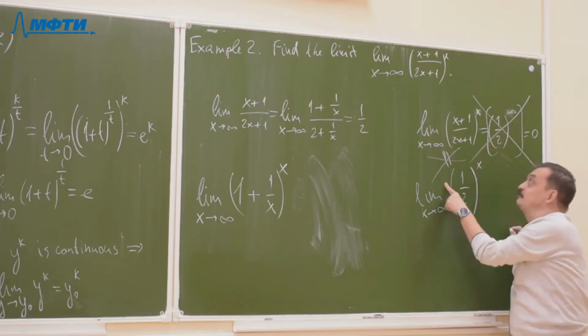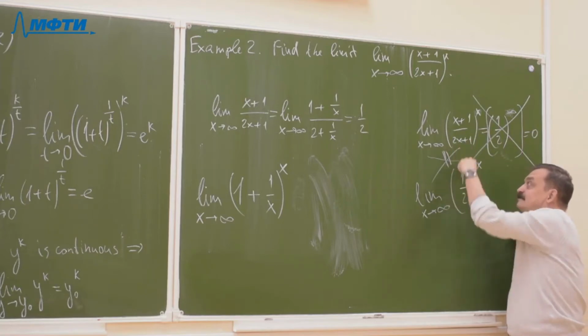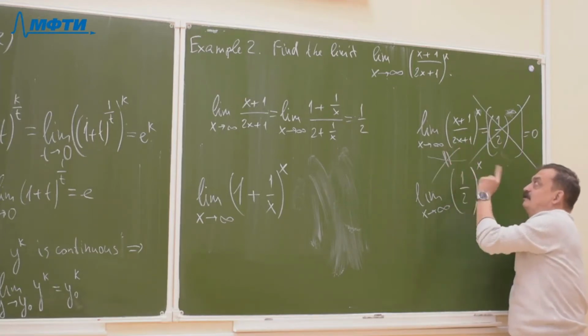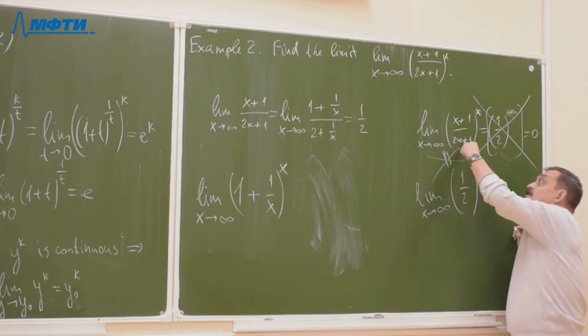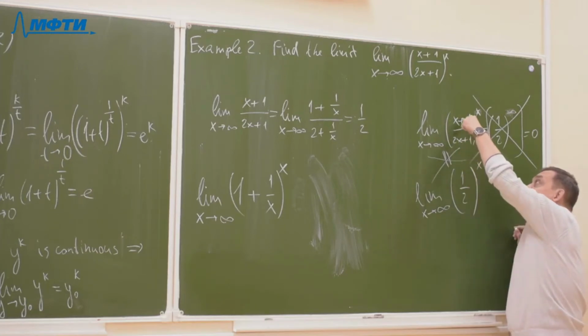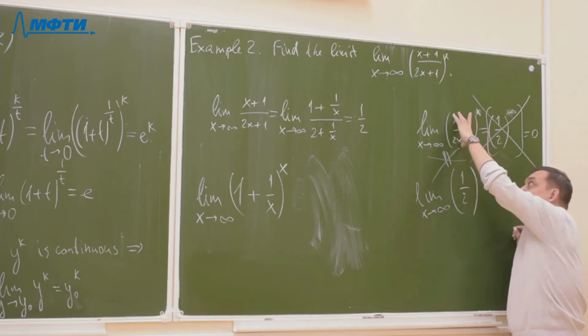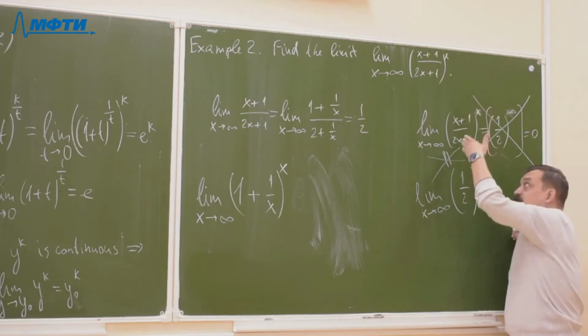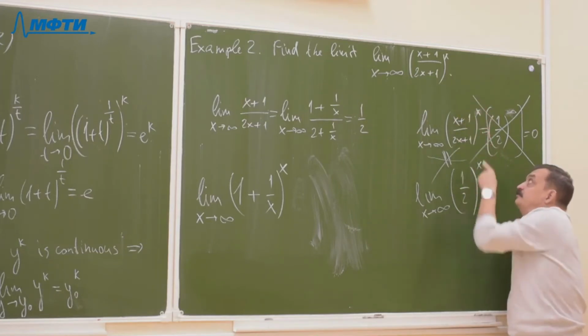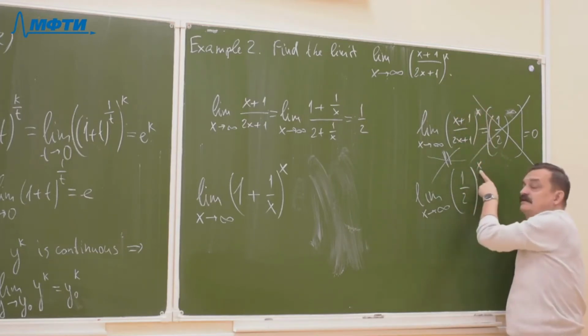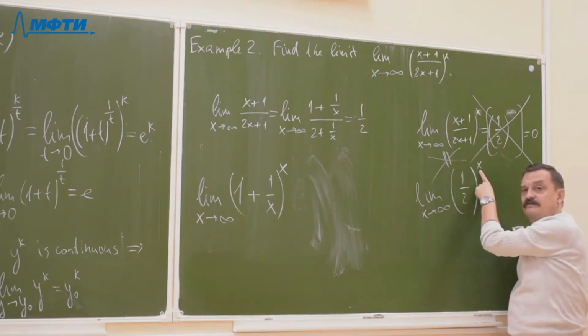Why? Because when you write like that, what does it mean? You have a limit in the base, you take the limit in the base, 1/2. But you don't take the limit in the exponent.